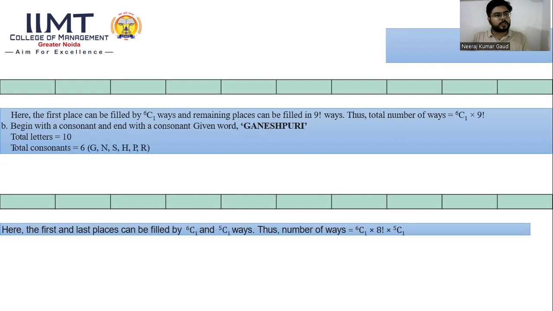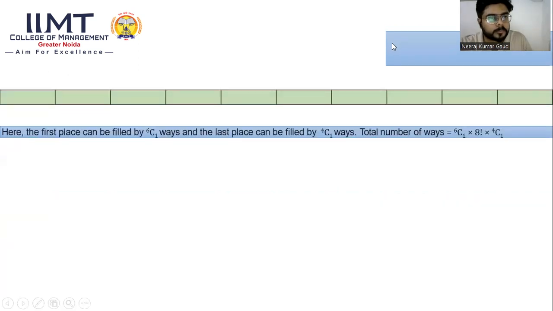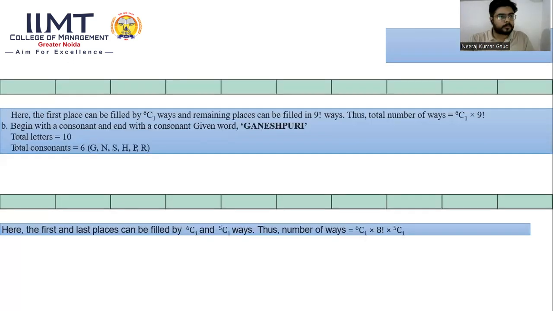Begin with a consonant. The given word is Ganeshpuri. Here the first place can be filled in 6C1 ways and the remaining places can be filled in 9 factorial ways.